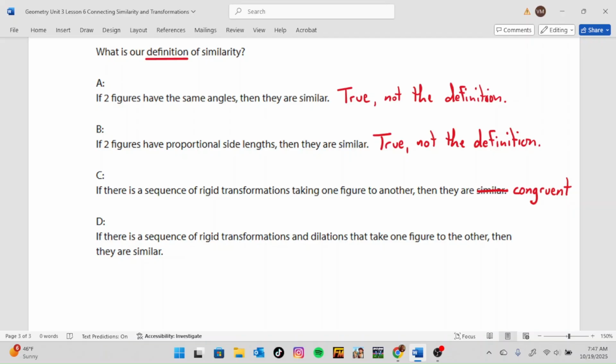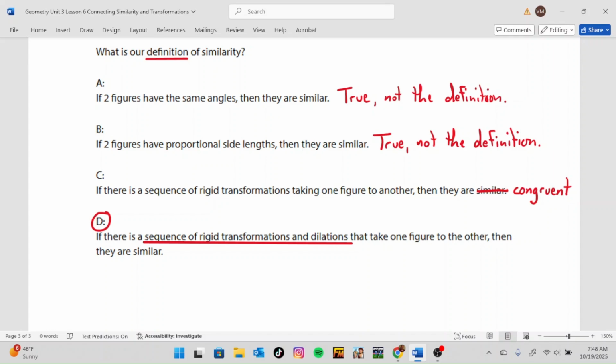The full definition of similarity is choice D. There is a sequence of rigid transformations and dilations, because similar shapes can be different sizes. So not only do you need to be able to move one over to the other through the series of rigid transformations, but then you might also need to dilate in order to make it bigger or smaller to fit on the similar figure.